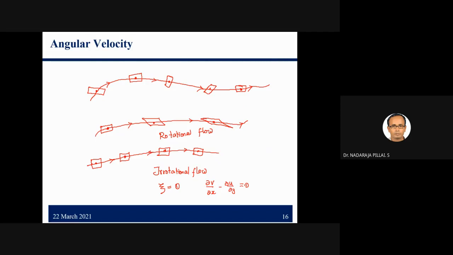So if dou v by dou x minus dou u by dou y is equal to 0, this is a simple condition for irrotationality in a two-dimensional flow. This is irrotational in 2D flow.